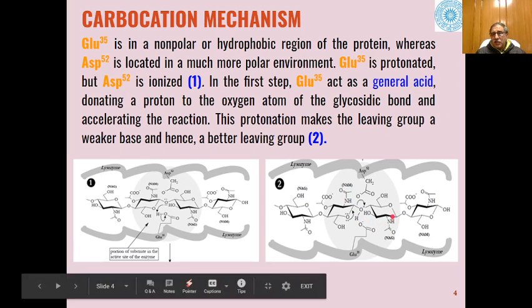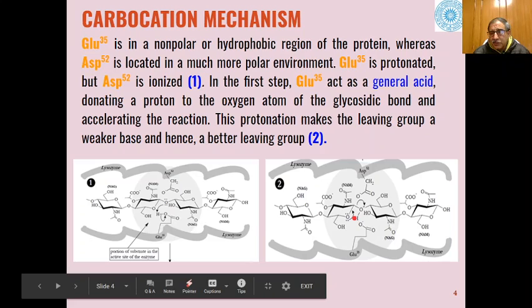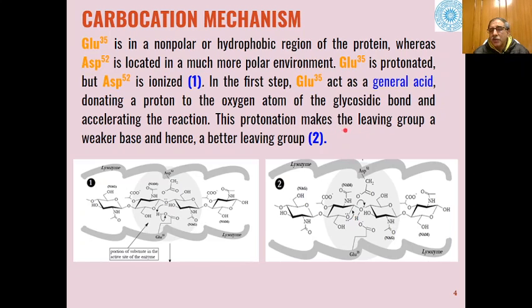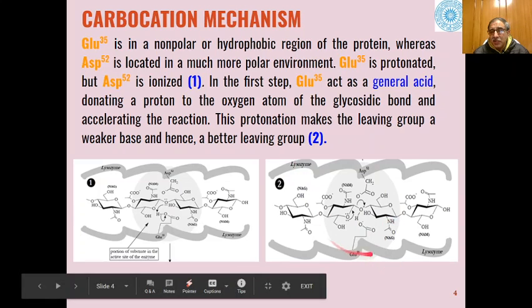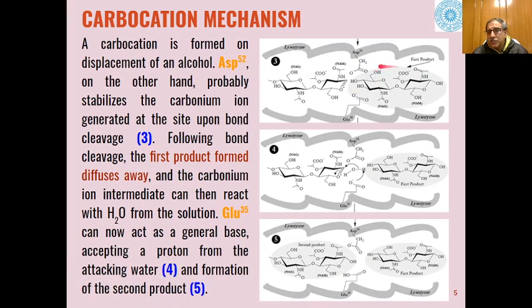The protonation makes the leaving group a weaker base, hence it becomes a better leaving group. In the next step, this part is removed, and this is the first product.